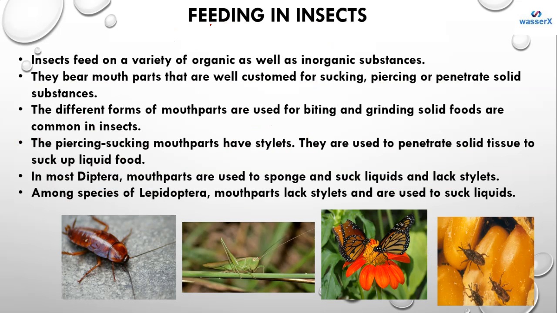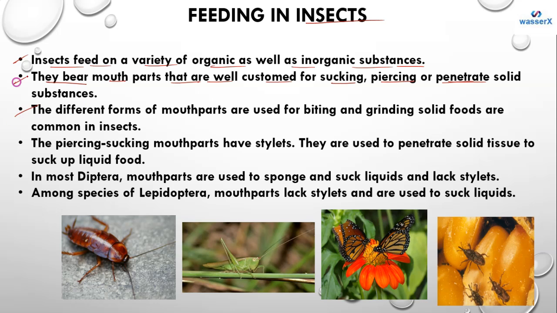Next is feeding in insects. Insects feed on a variety of organic as well as inorganic substances. They bear mouth parts that are well adapted for sucking, piercing, or penetrating solid substances, so they have different features.